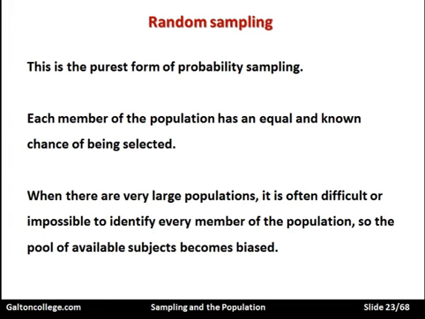So the pool of available subjects becomes biased. With a large population, sometimes we don't know how many are in the population, and therefore, even though we select randomly, it is biased because it's leaving out the ones we don't know.